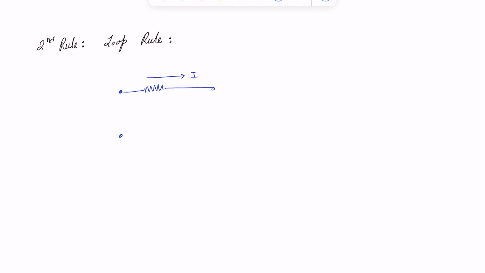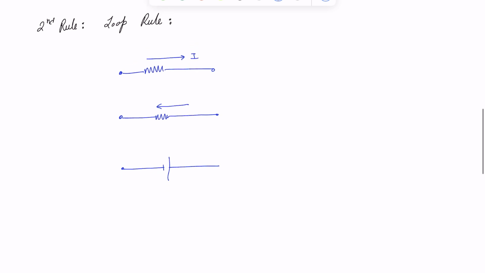Okay, you have some resistor here, the current is going this way, some battery like this, and there's another battery like this, and then this is positive and this is negative, and this is positive, this is negative. Let's say potential difference is epsilon. Okay, now using the black ink, so first of all, I'm going to demonstrate how to figure out potential difference across these elements.